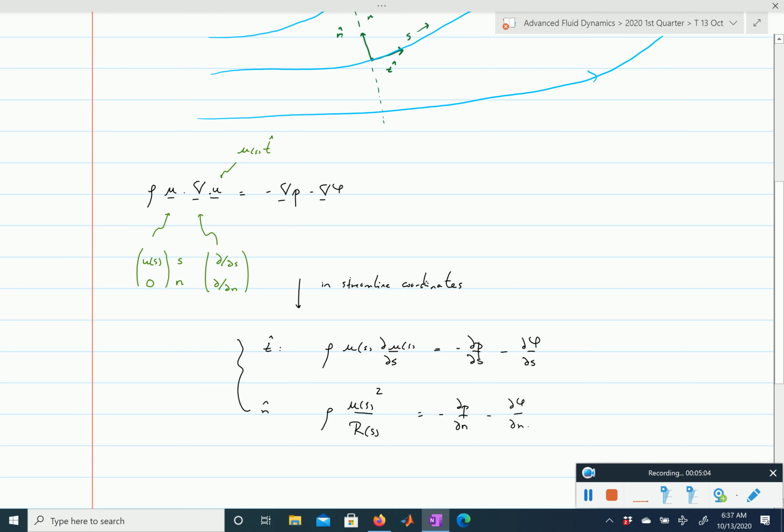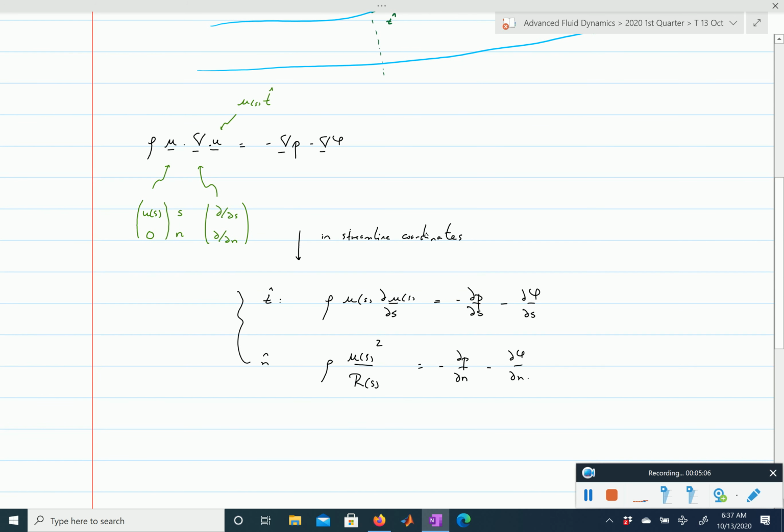So those are our Euler equations in streamwise coordinates.